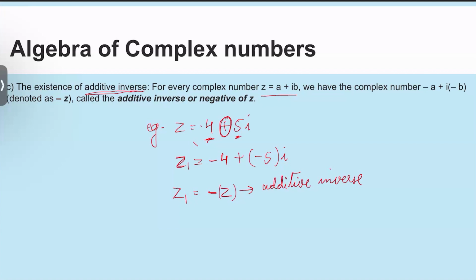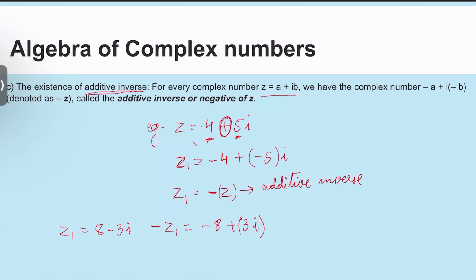We will see how this comes into effect when we do the other operators. As we had taken, z1 equals 8 minus 3i. When we want to get the additive inverse of z1, we get minus 8 plus 3i.